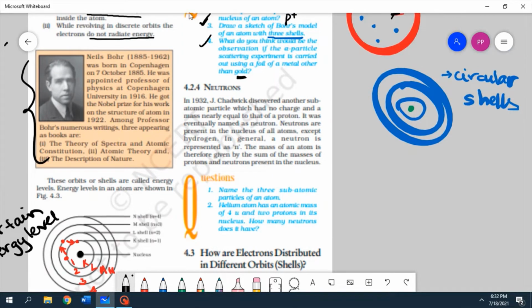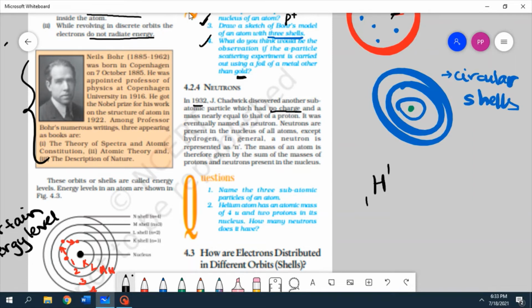So James Chadwick discovered another subatomic particle in 1932, which had no charge and a mass nearly equal to that of a proton. It was eventually named a neutron, and neutrons are present in the nucleus of all atoms except hydrogen, because hydrogen has 1 proton and 1 electron, so it has no neutrons.